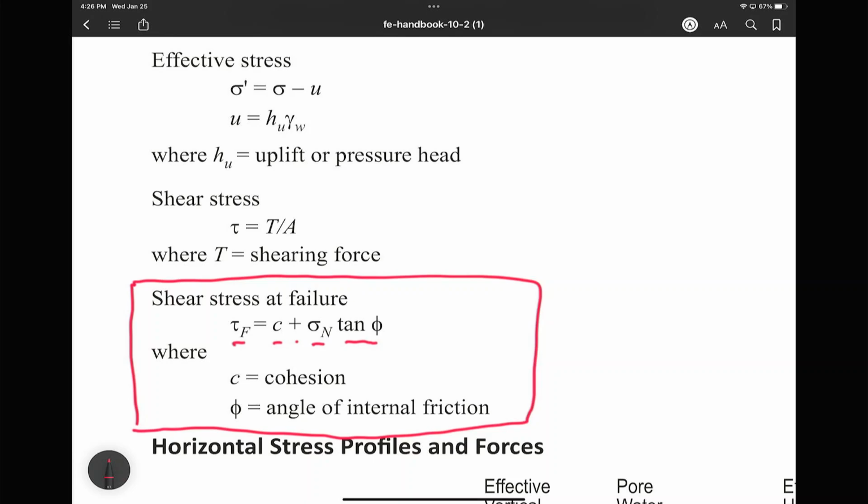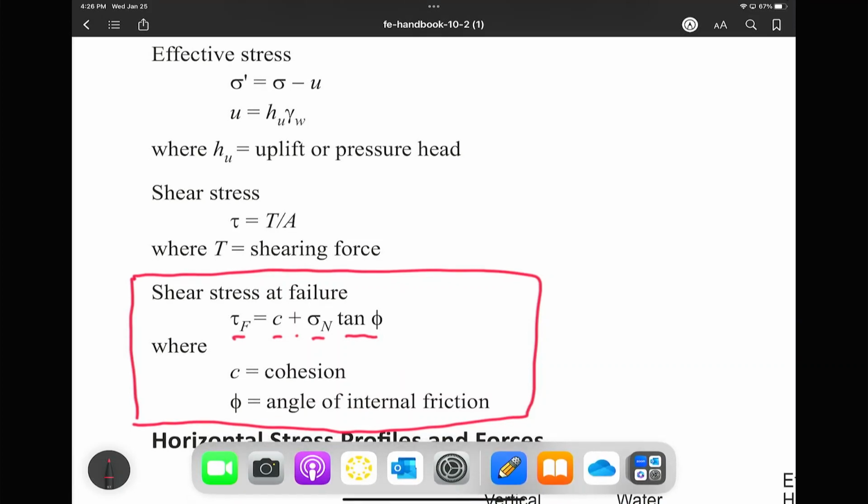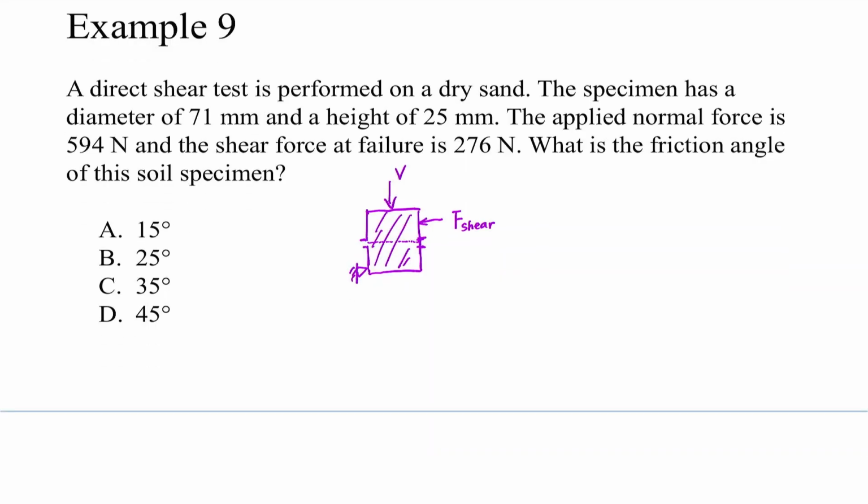So let's just write that equation and try to solve that. As we just looked at, your tau F, your shear stress, is the cohesion plus sigma n times tangent friction angle. Let me explain these terms one by one.